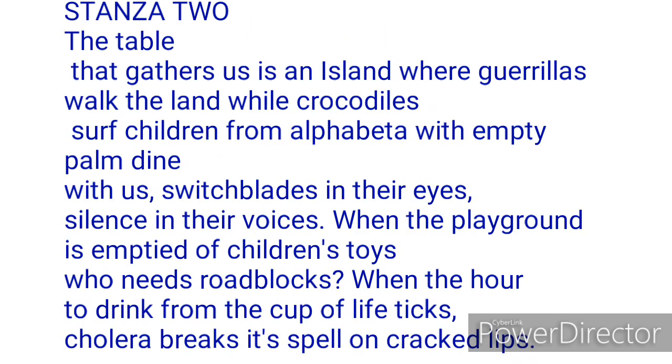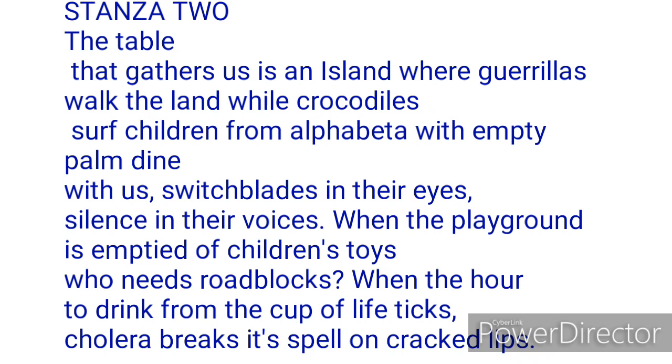Now let's look at the second stanza. The table that gathers us is an island where gorillas walk the land while crocodiles serve children from Alphabeta with empty palms, down with us, switchblades in their eyes, silence in their voices. When the playground is emptied of children's toys, who needs roadblocks? When the hour to drink from the cup of life ticks, cholera breaks its spell on cracked lips.